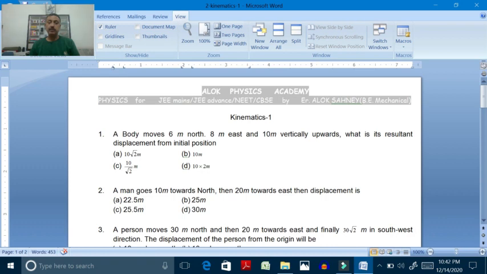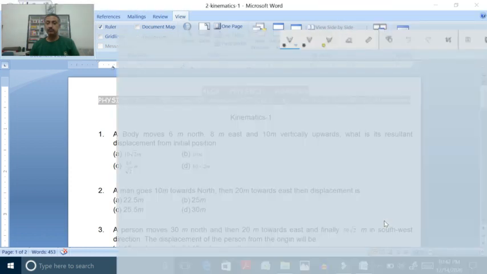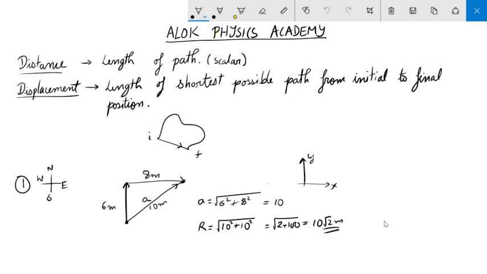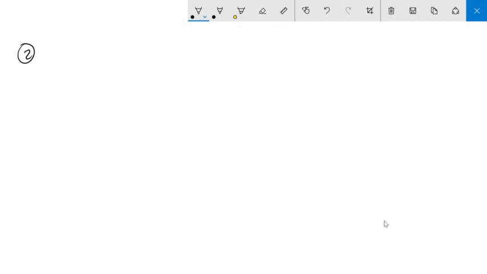A man goes 10 meters towards north and then 20 meters towards east. Then displacement is. Question number 2. North, south, east, west. Man goes 10 meters towards north, then 20 meters towards east. This is quite simple as compared to the first question.